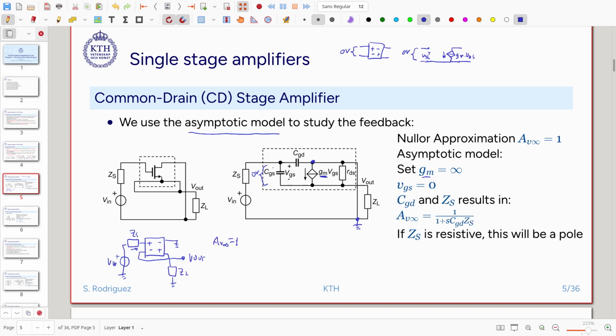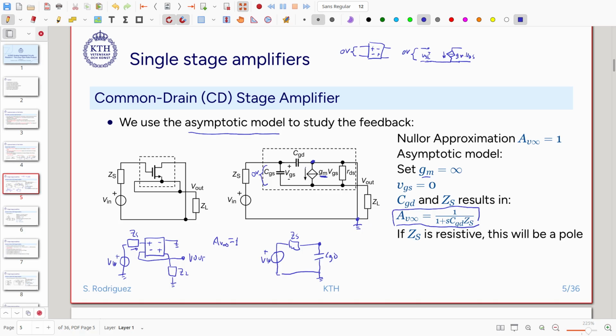It appears in series with CGD, and we can actually draw it like this, we have Zs, and then we have a capacitance CGD with this terminal grounded. So we have the following circuit, and for the asymptotic model, this system will introduce one pole, assuming that Zs is resistive, of course.